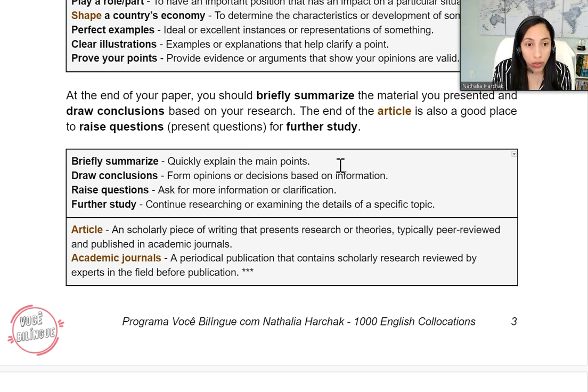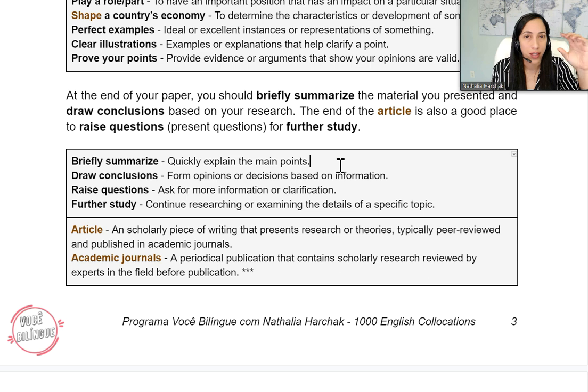To draw conclusions. So if you draw a conclusion, basically you form an opinion or decision based on some specific information. Okay? So every time you write a text, I'm sure you have heard about that.